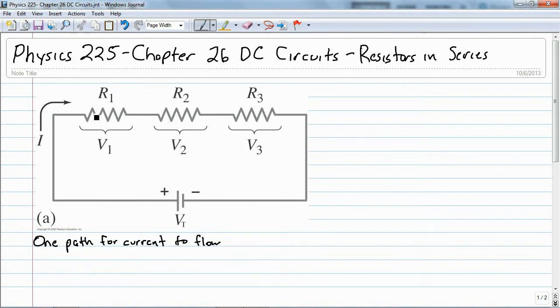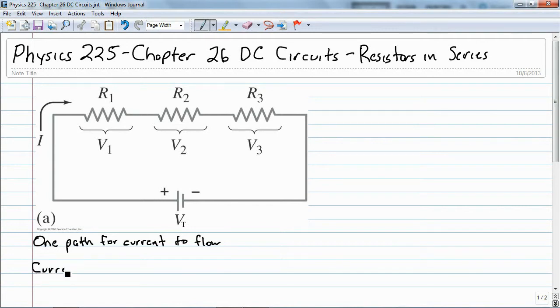Now each resistor is going to have a potential across the resistor. Notice my terminology: across the resistor. We never say that voltage flows through a resistor. Currents flow, voltages are across.